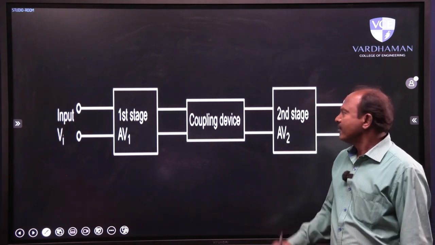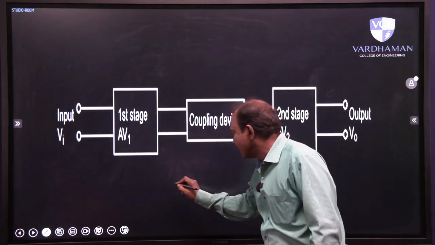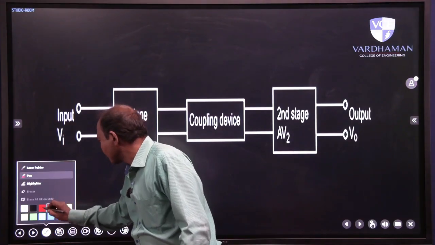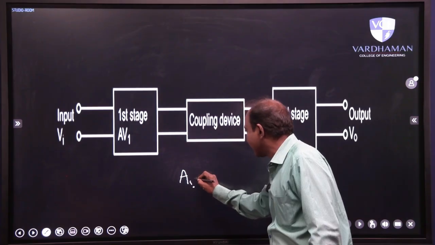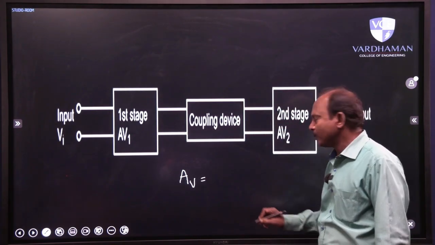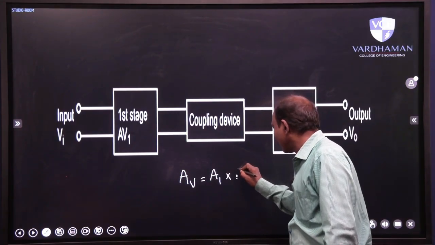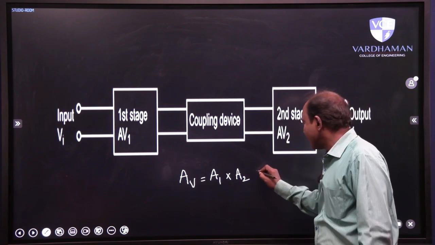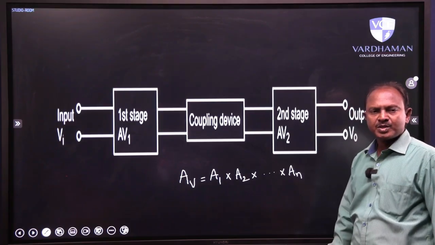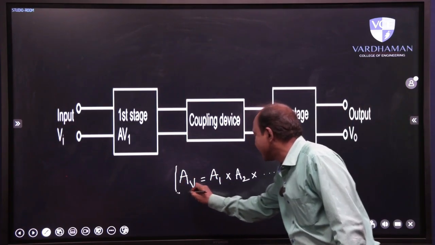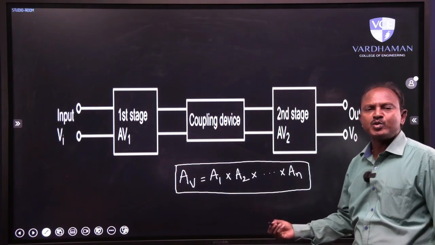Under these circumstances, we design a multi-stage amplifier. The overall gain in a multi-stage amplifier, AV or simply A, equals A1, the gain of the first stage, into A2, the gain of the second stage, and so on, into An, the gain of the nth stage. So this simple formula tells us that in multi-stage amplifiers the overall gain is the product of the gains of individual stages.